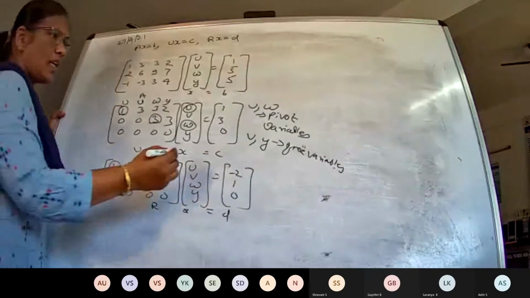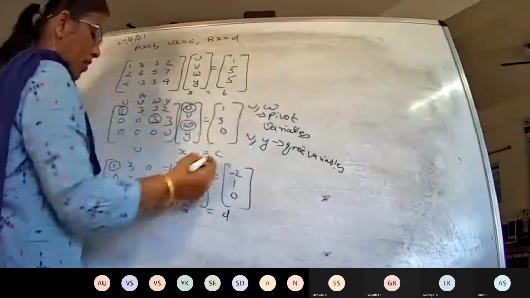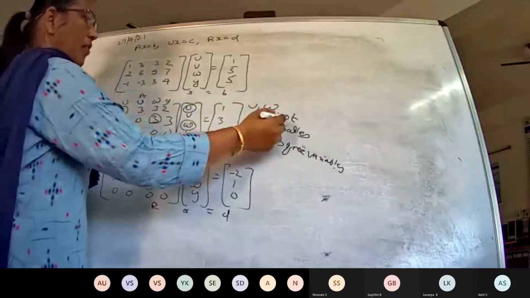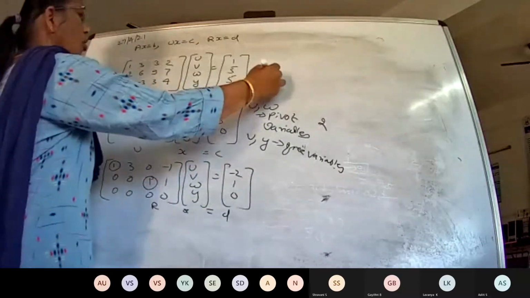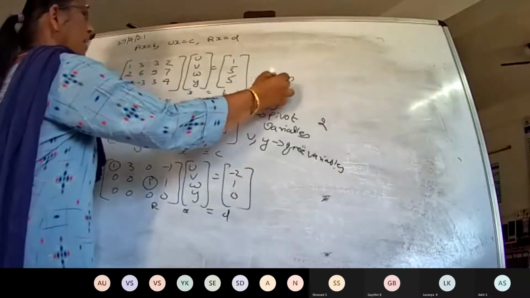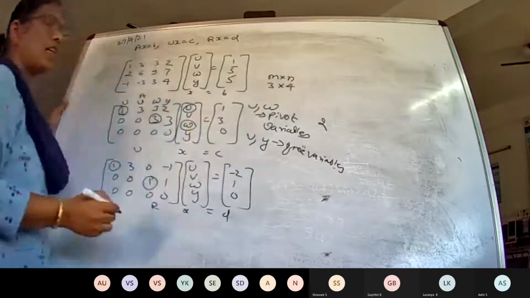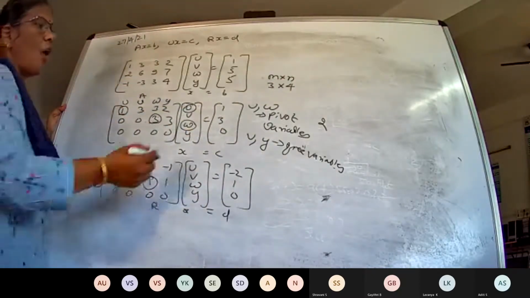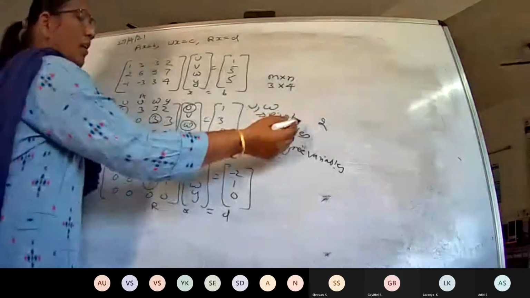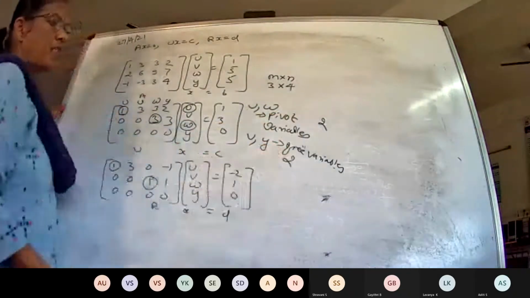Now let us say the number of pivot variables here is 2. What is the size of the matrix? M cross N. M is 3 and N is 4. That is, the variables are 4 and M is 3 rows, out of which 2 are pivot variables and 2 are free variables.